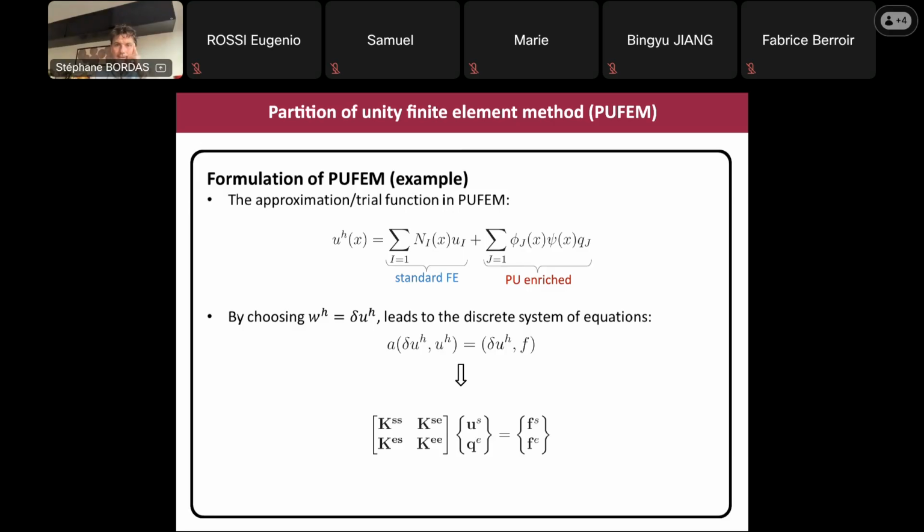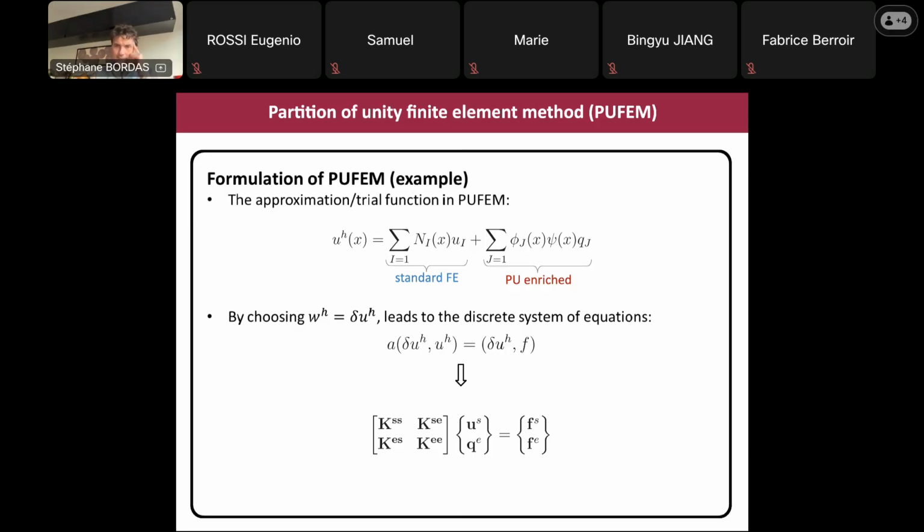And these UIs are the coefficients at the nodes that you're going to solve for. So you will end up with a vector, and these UIs will be some of the unknowns in that vector. But then you have another part, which is the sum over j of the functions we had chosen, the partition of unity, times the function you want to reproduce, psi, times qj.